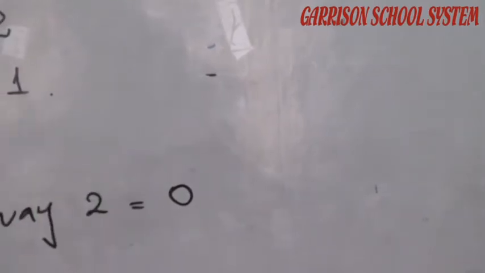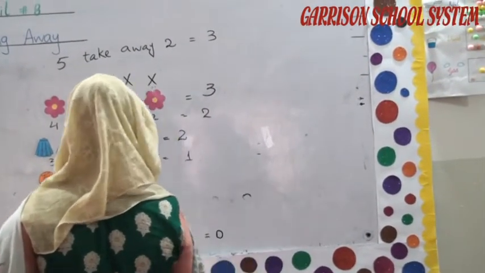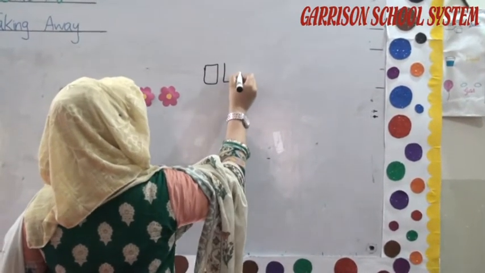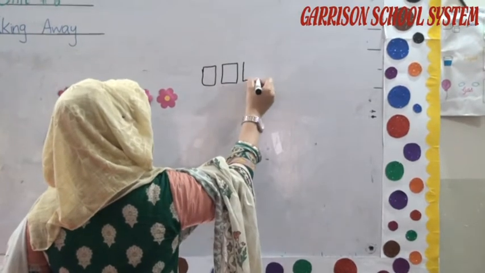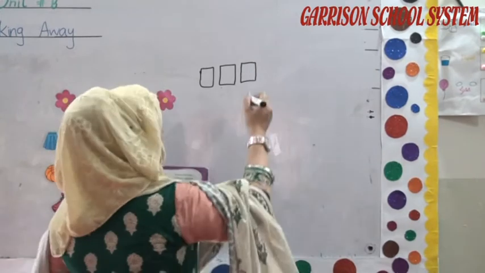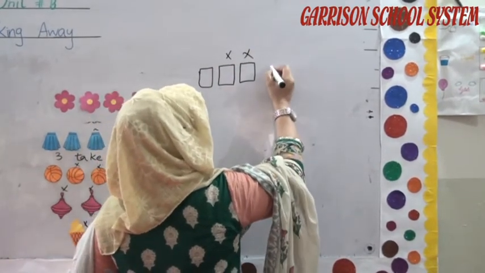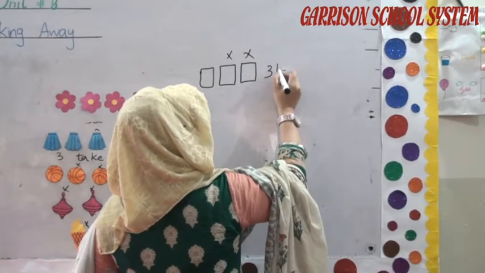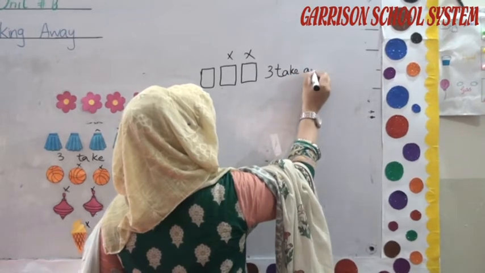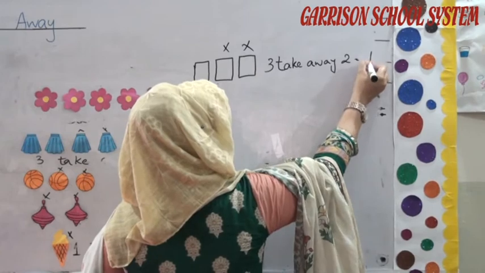And if we have three classes, and if we take away, we have to cross 2. If we take away 2, how much are we left with? 1.